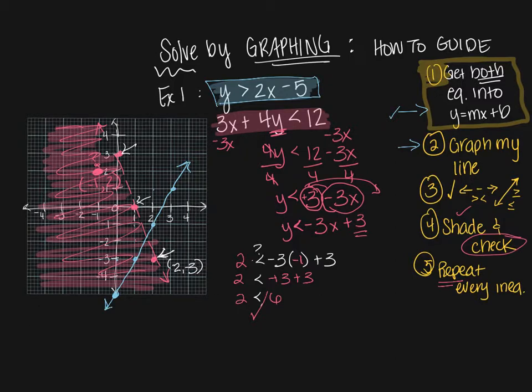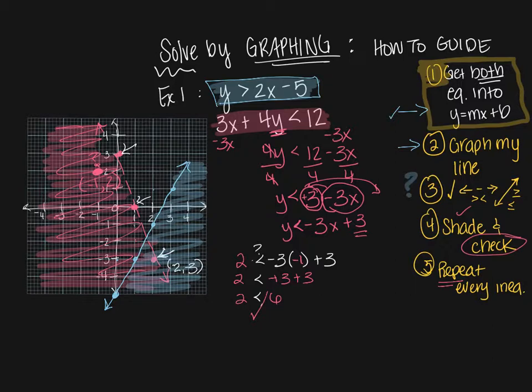Okay, so then I'm going to shade under this area. I'm going to shade everything to the right because it's y is greater than 2x. And let's see what we end up with here. Did I do my shading in the right direction?